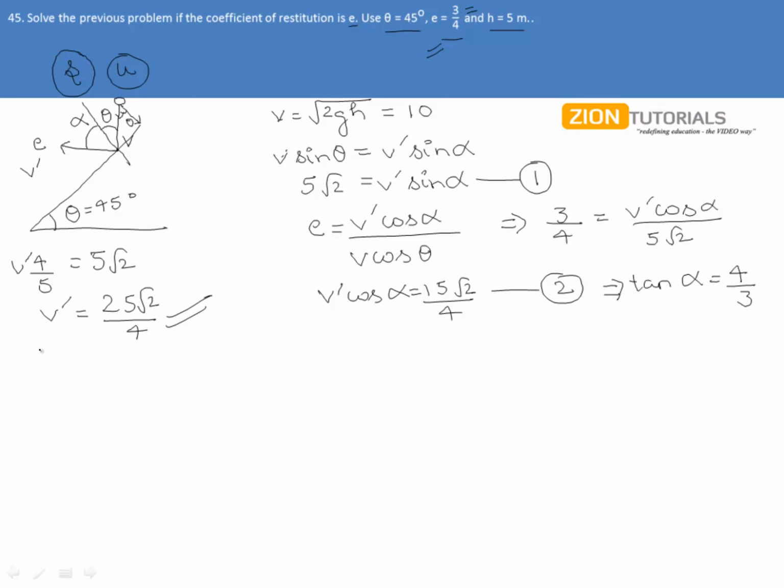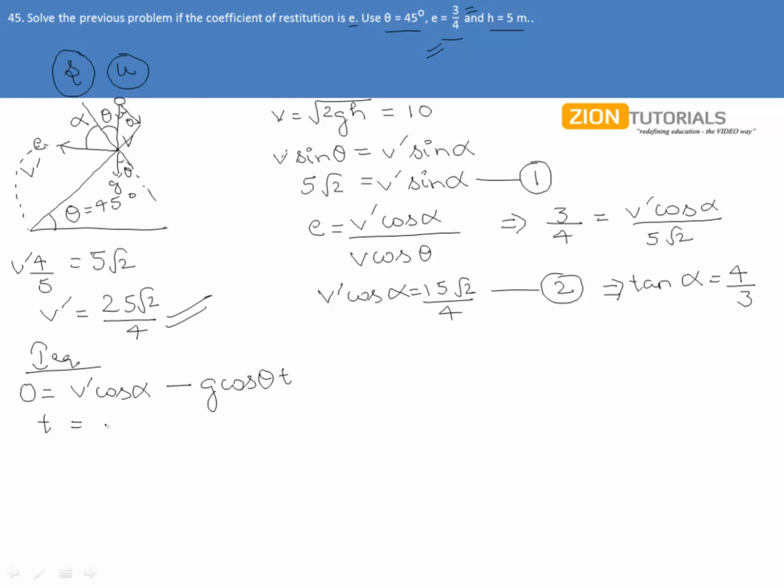So let us employ the first equation of motion to get the time. It will be a projectile motion, right? So let us find the time it takes to reach the highest position. In the vertical direction, the final velocity will be 0. Initial will be V dash cos alpha, minus acceleration, which is g cos theta along the perpendicular, because this is g and this is theta, so it will be g cos theta into t.